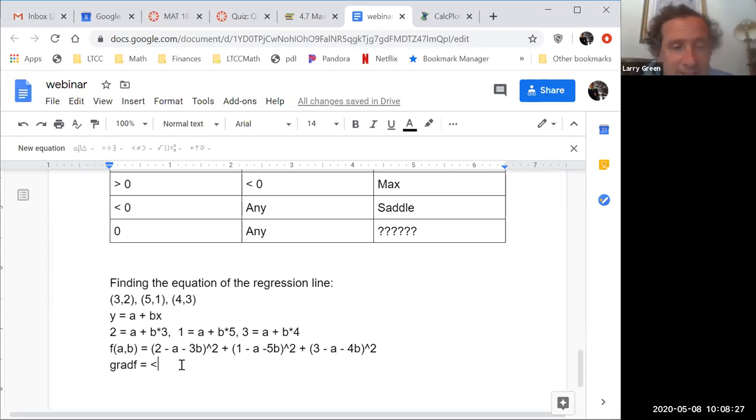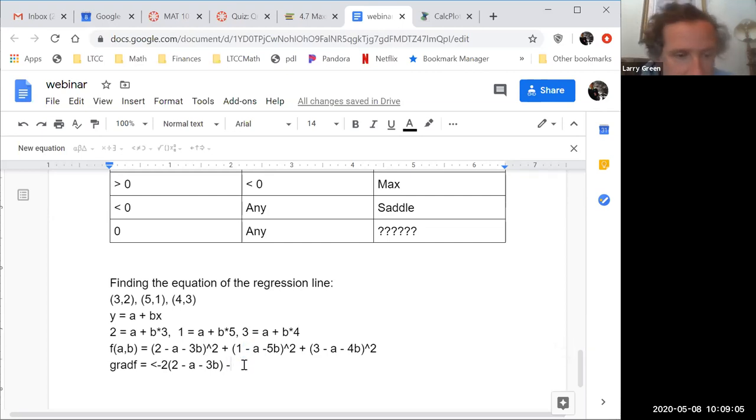So first, we need to take the derivative of f with respect to a, and notice the derivative of the inside here will be -1. So we're going to have negative, and then we use the chain rule: twice times 2 minus a minus 3b. And then plus, but it's plus -1, because again the derivative of the inside here is -1 also.